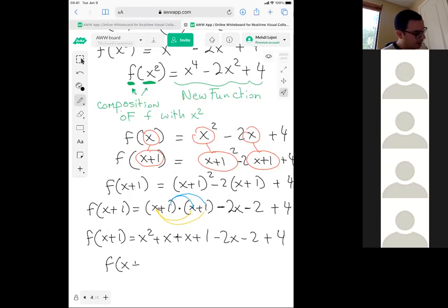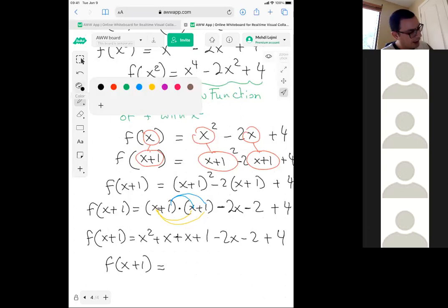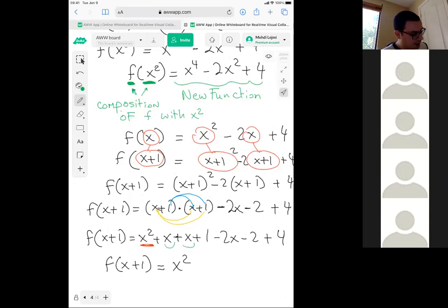I do have 1 x squared here, so here's my x squared. Now the x's: how many x's? We have an x in here, another x, that will be 2x, minus 2x. So 2x minus 2x will be 0x, right? So it cancels out.